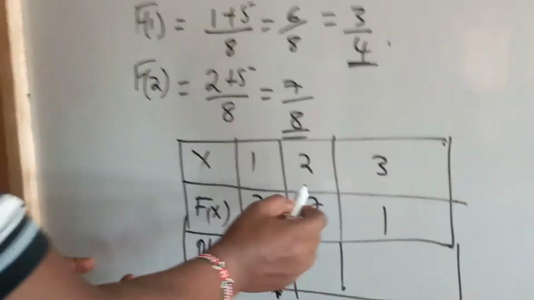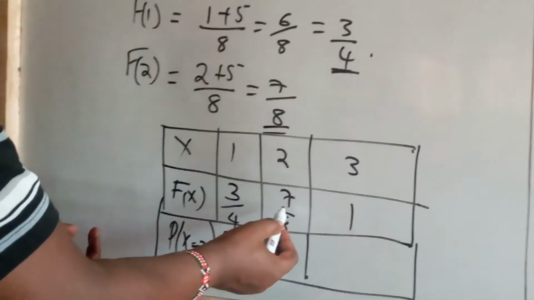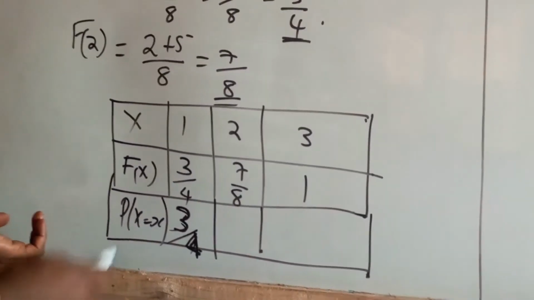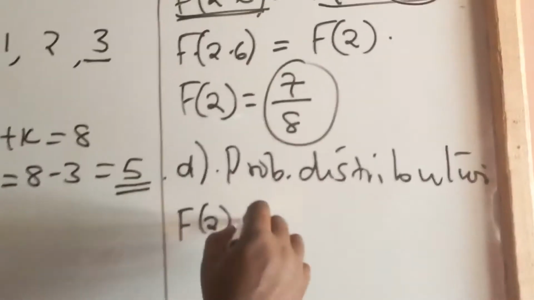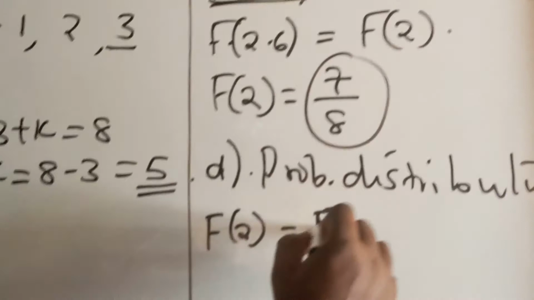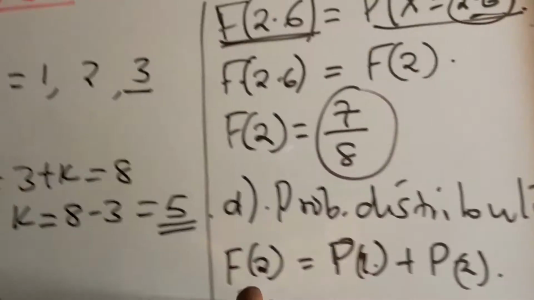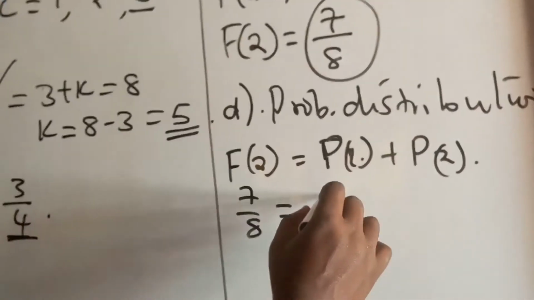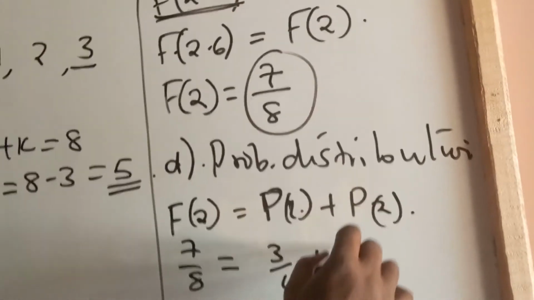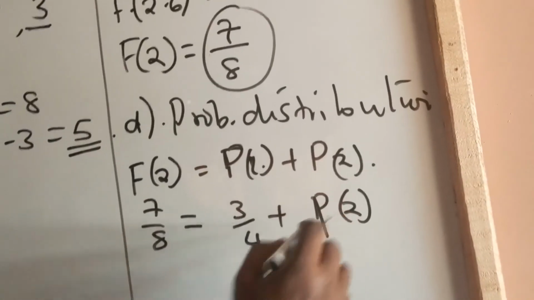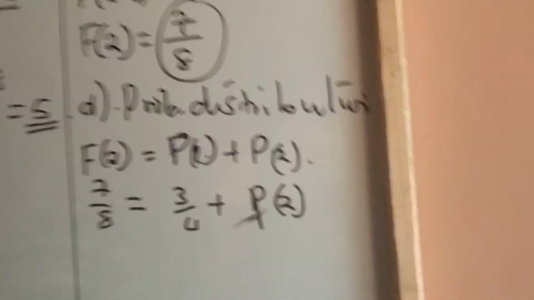But for the probability of 2, we have 7/8 minus 3/4, because remember F(2) is the same as the probability of 1 plus the probability of 2. F(2) is 7/8, which equals 3/4 plus the probability of 2, because we add them cumulatively.